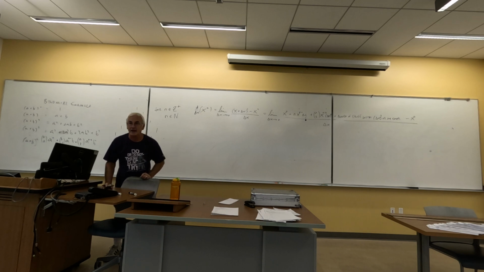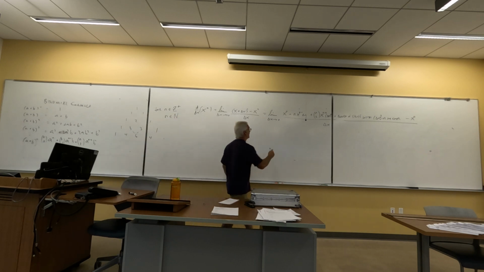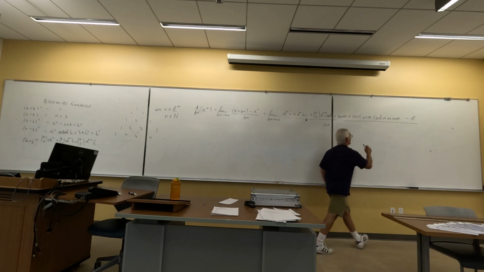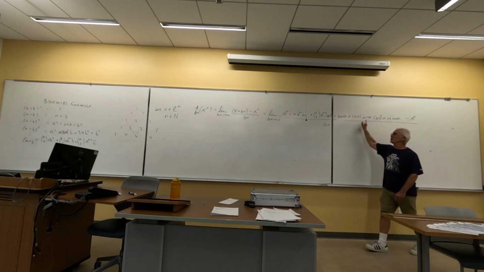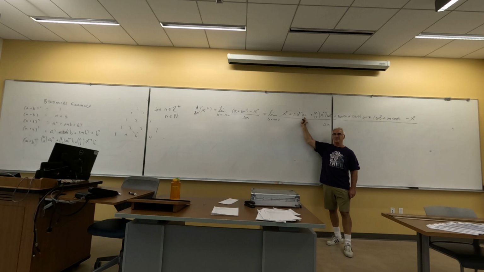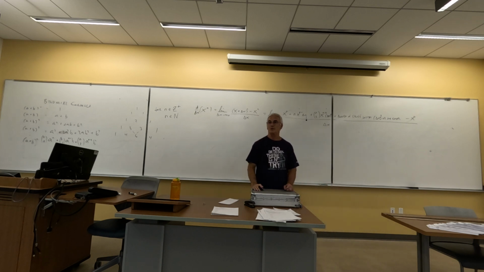If I do it right, in most cases, the original function, which in this case was x to the n, is going to cancel. Why is that important? Because every single term left has at least one delta x in it. Is that important? Yes, because I have a delta x in the denominator. If I have even one term in the numerator that does not have a delta x, then this limit does not exist. It's impossible because I can't cancel.